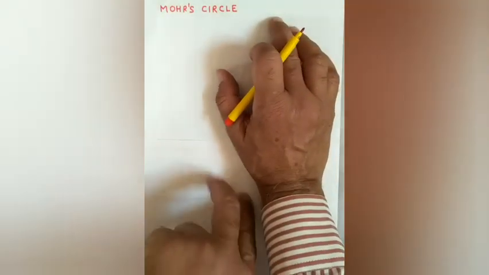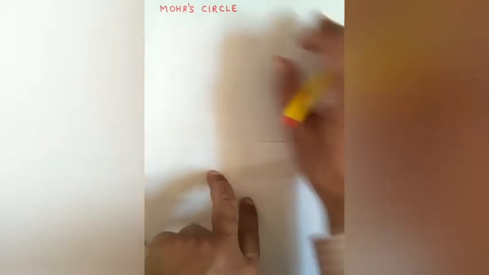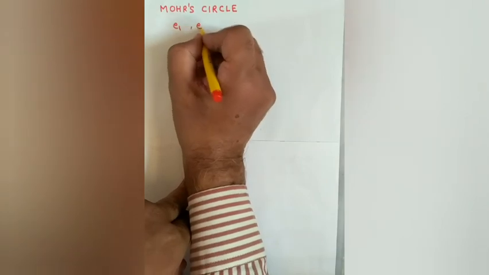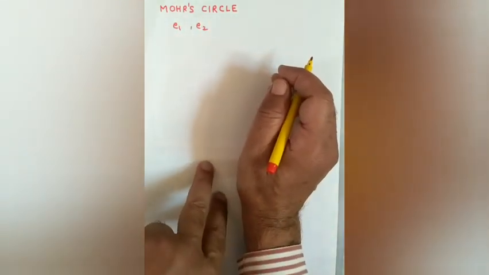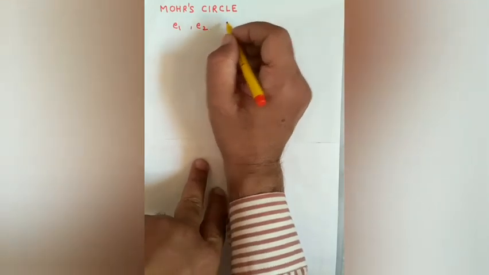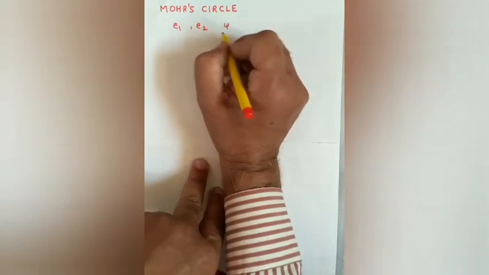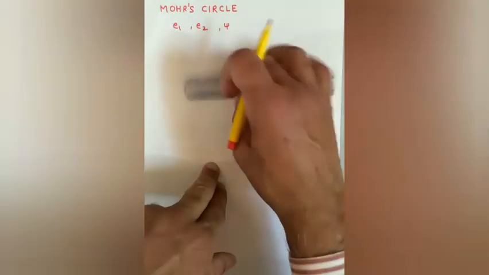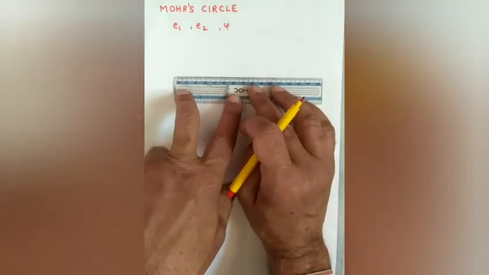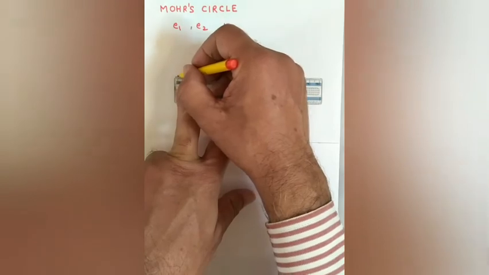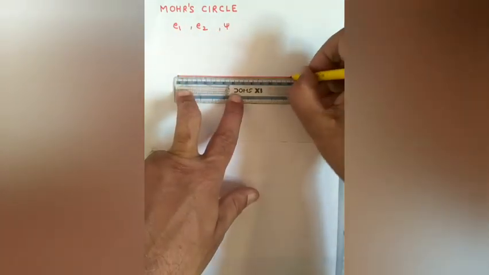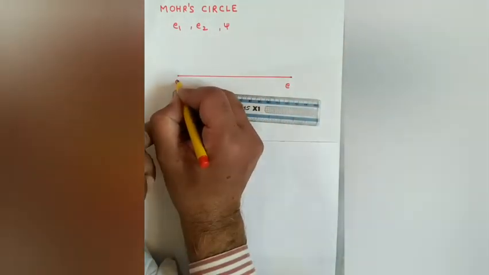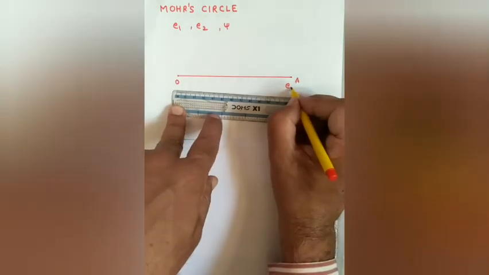Now let us see Mohr's circle construction for plane strain. If E1 and E2 are the normal strains in x and y directions, and psi is the shear strain, then to construct the Mohr circle, from the origin we will draw a line of length E1, such that from origin O to A the length is E1.